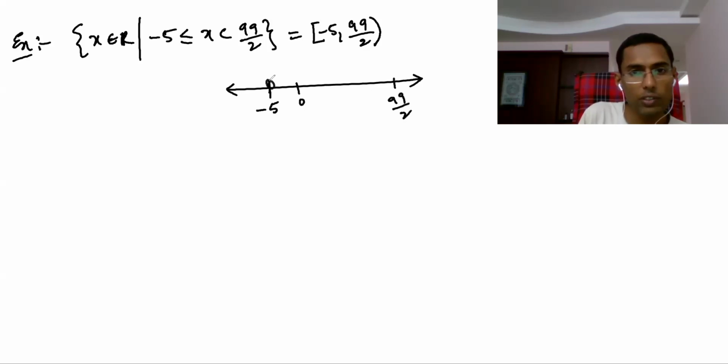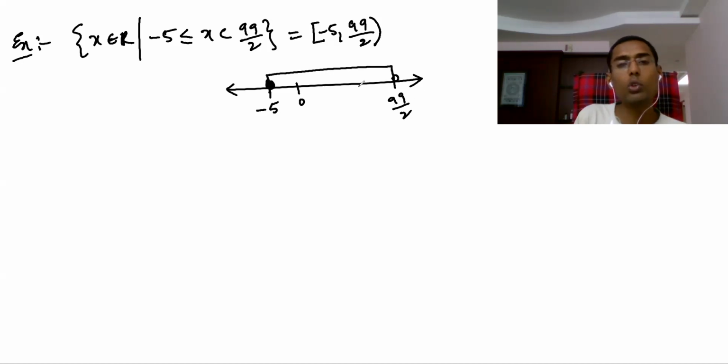Here -5 is included, therefore closed. Here it is excluded, therefore I write just open. This is how you show it on the real number line, from here to here. So this is the interval. Intervals are important.